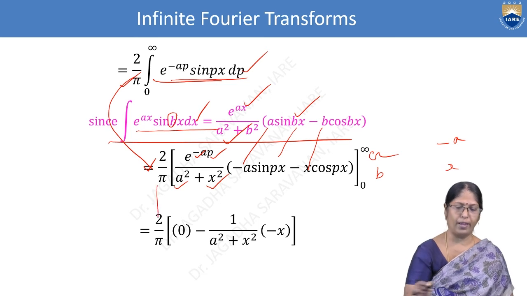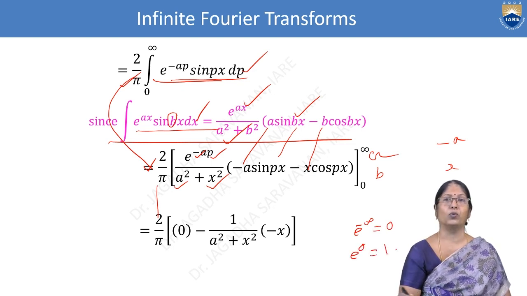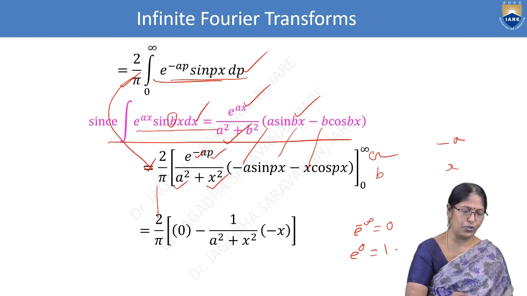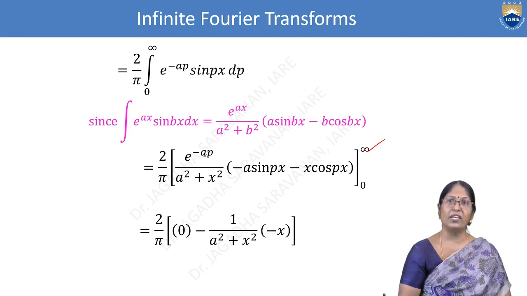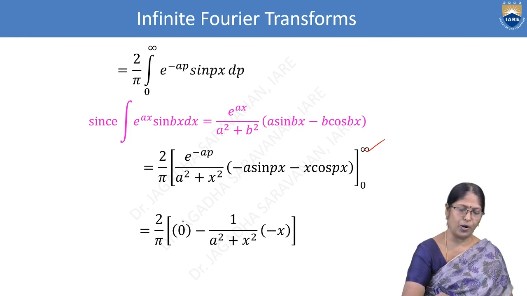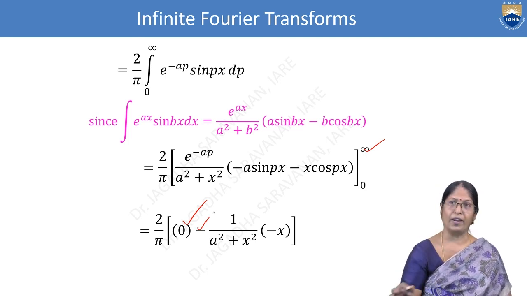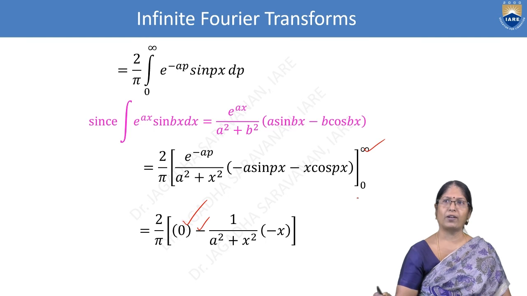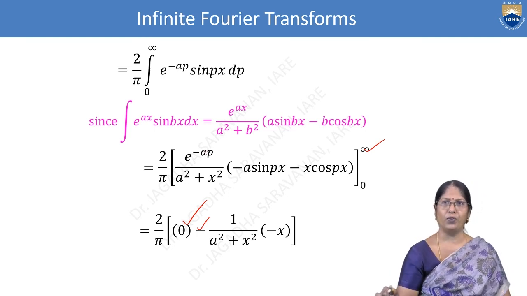Now 2 by pi, e power minus infinity the value is 0, e power 0 the value is 1. We are substituting the upper limit, that is infinity. So e power minus infinity, the upper one is completely vanished. The lower part is 0, so e power 0 the value is 1.